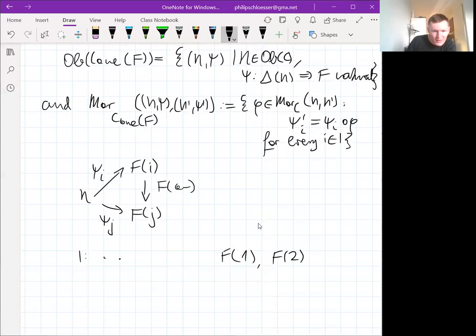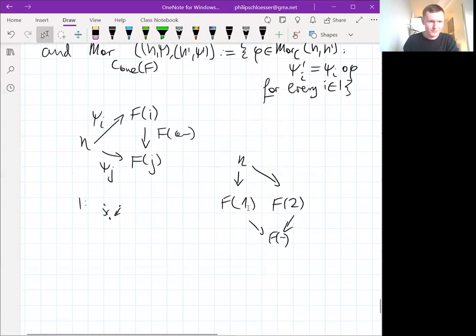What a cone is then is we have a map from N to F1 and to F2. And if we sort of have morphisms here, then this thing should respect this morphism. Yeah, I don't know.